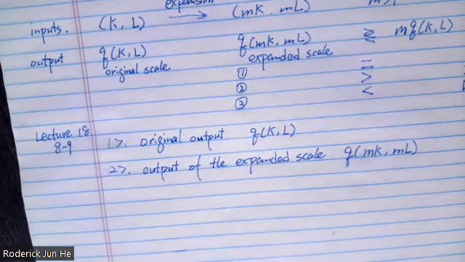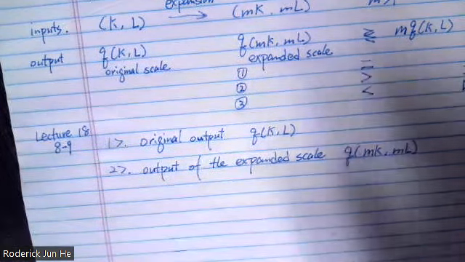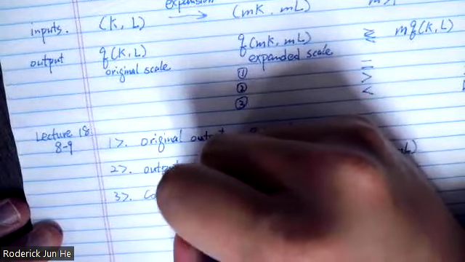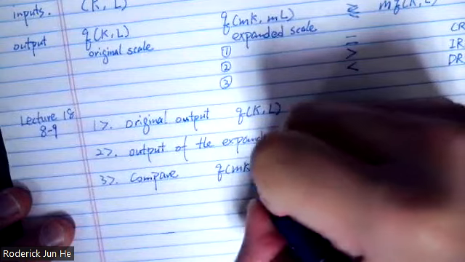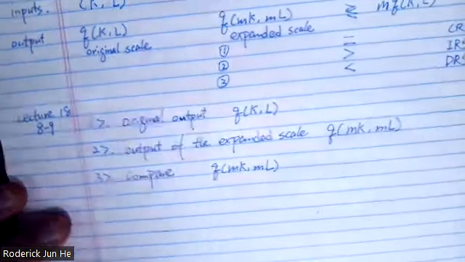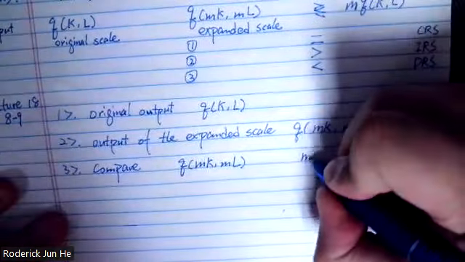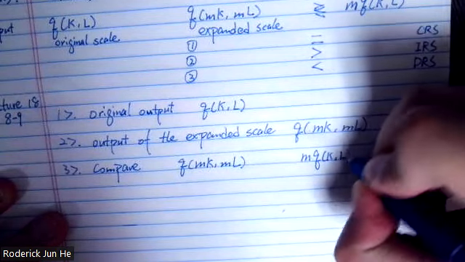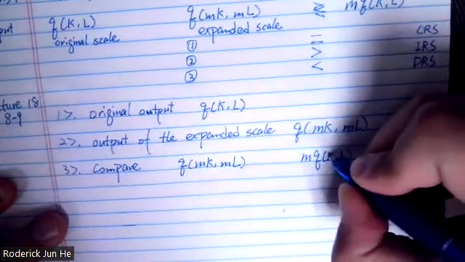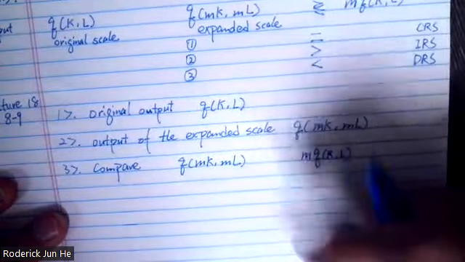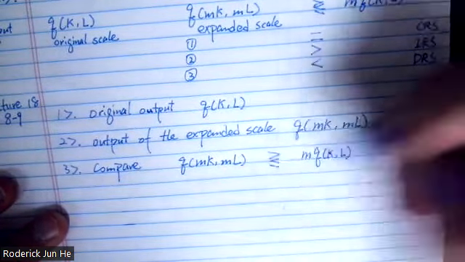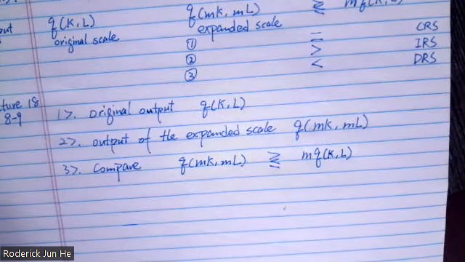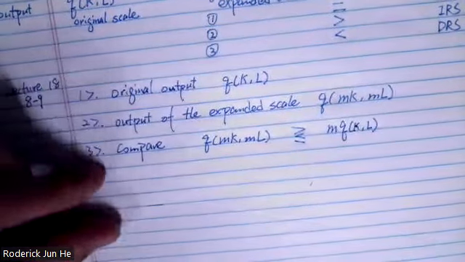And the last step is comparison. We're comparing one big firm's output to many firms of original scale utilizing the same input, and we are comparing which one is bigger. So these are the three steps.